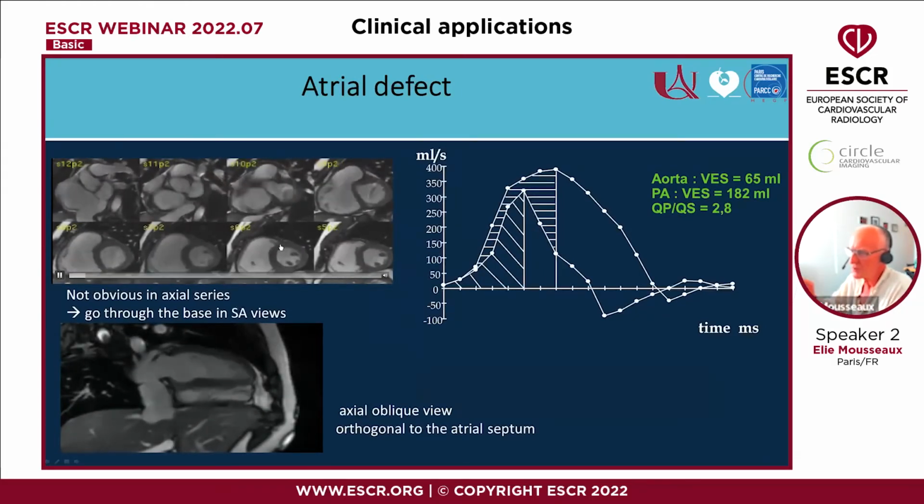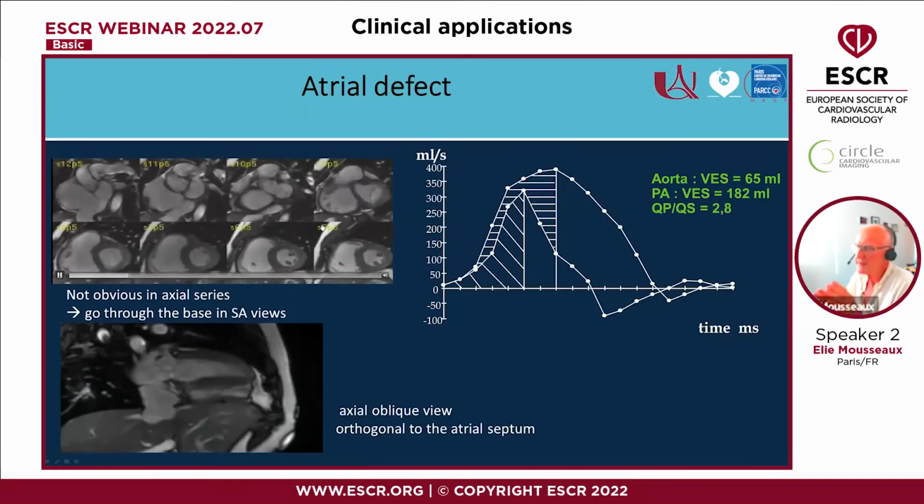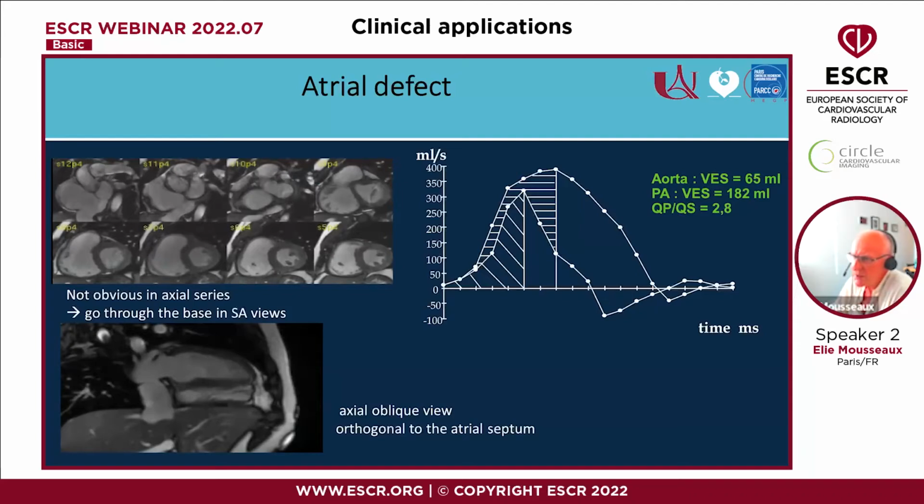Because you have a shunt from the left side to the right side, you have an overload by the volume of blood arriving to the right side, so you have a dilatation of the right ventricle. In all these circumstances, you must look for a shunt at the atrial level or at the ventricular level. At the ventricular level, it's very easy because you just have to listen to the heart, and it will be easy to make the diagnosis. At the atrial level, it's more difficult.